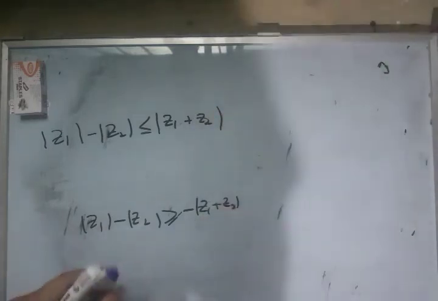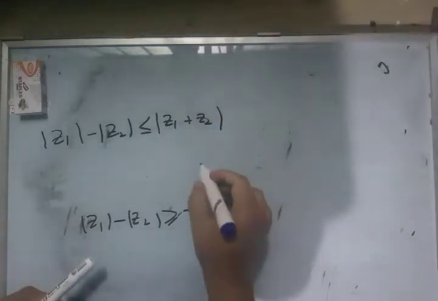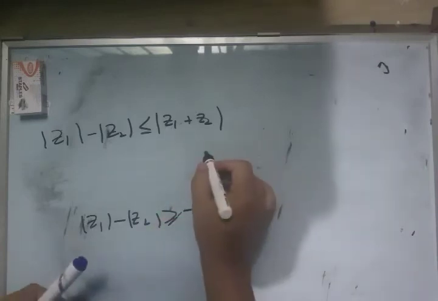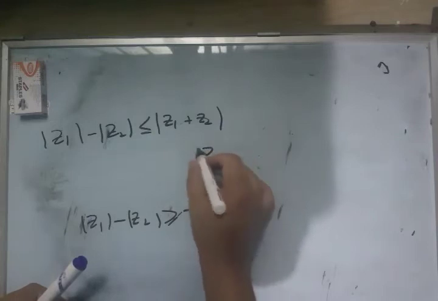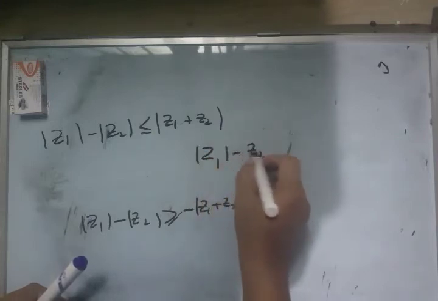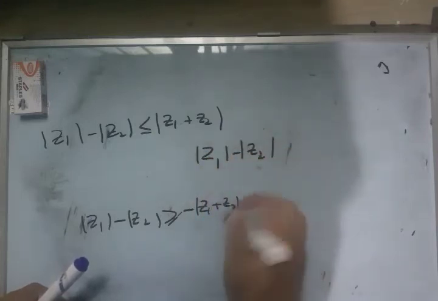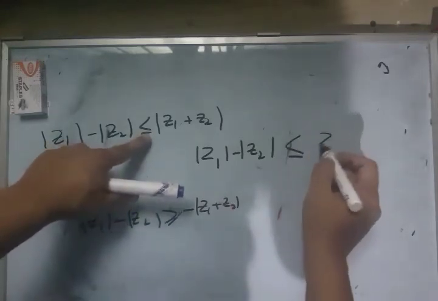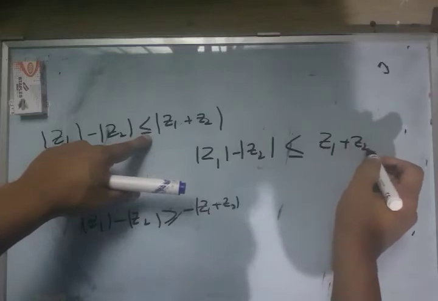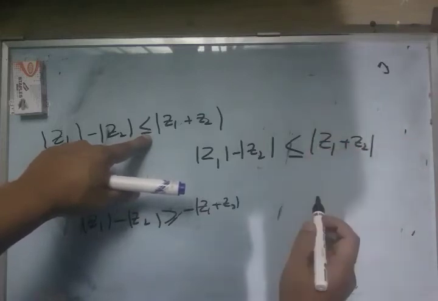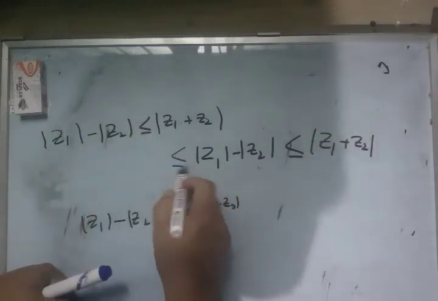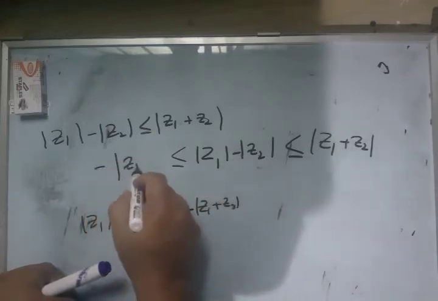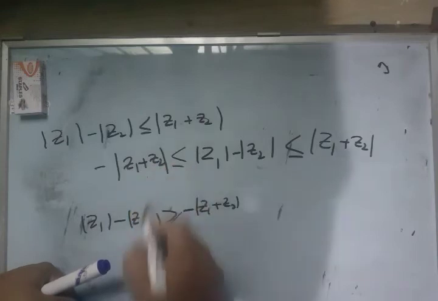So we can write it as a double inequality, like so. I'm going to make Z1 minus Z2 the subject here. So this is less than, using this relationship, Z1 plus Z2, and this one is greater than minus of that quantity, right?